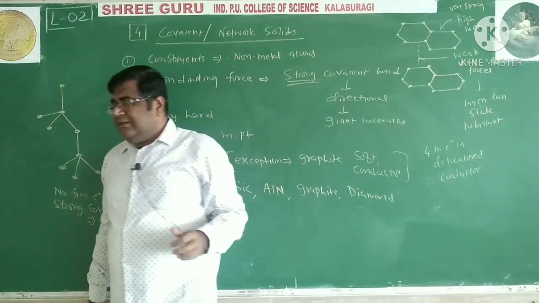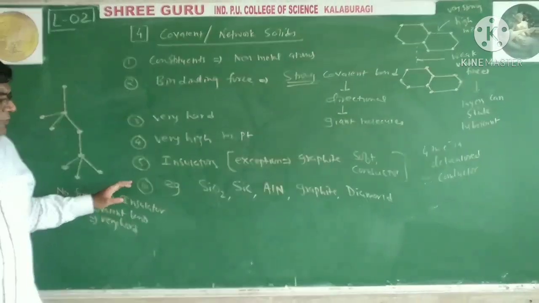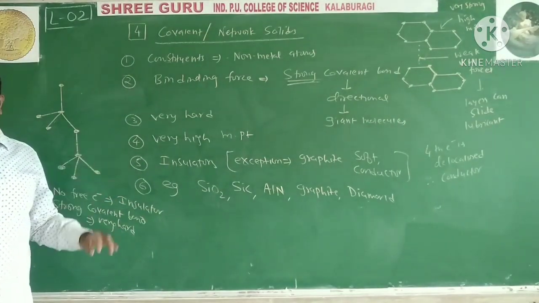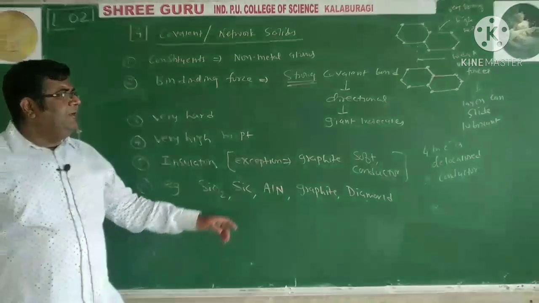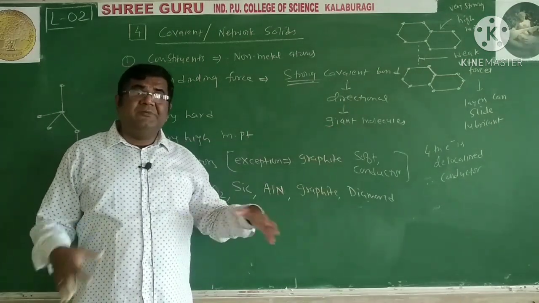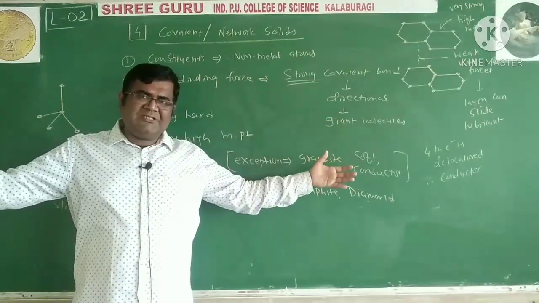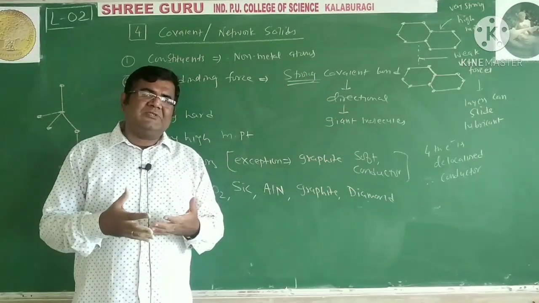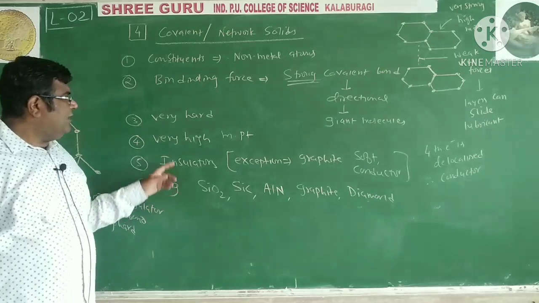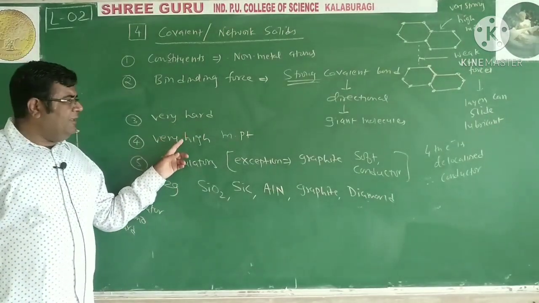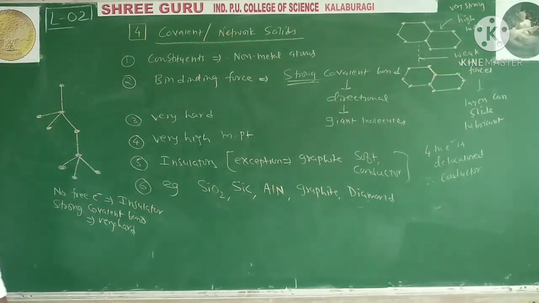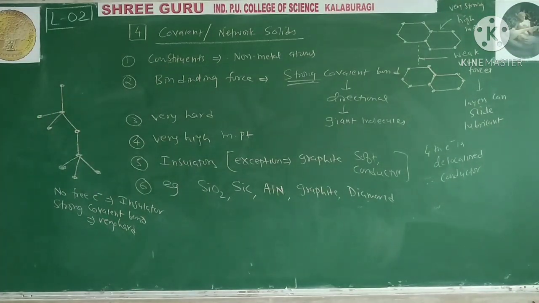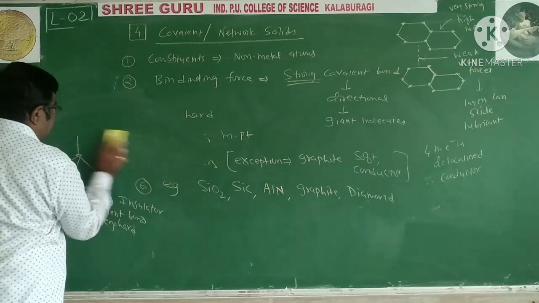So these are a few properties of the covalent, also called network solids, which exhibit a giant, large network of non-metal atoms. That's why they are very hard and exceptionally high melting. So this is all about the crystalline solids.